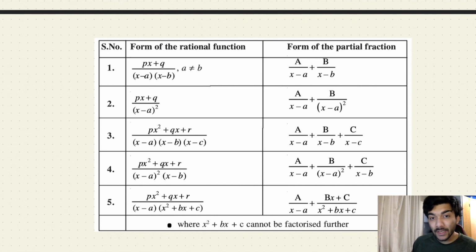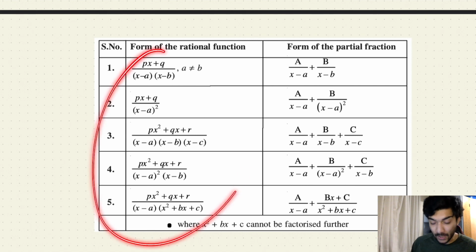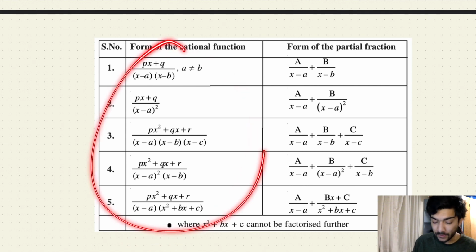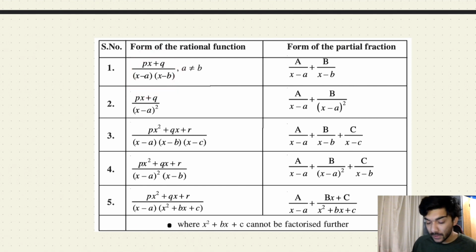So that is the basic idea about partial fractions: whenever we have expressions of these forms, we usually break those expressions into multiple components such that we know the integral of all those components, rather than solving the whole indefinite integral. When we break this expression into two parts, we can clearly see that we know the integral for 1 upon x minus a, which is ln|x minus a|, right?